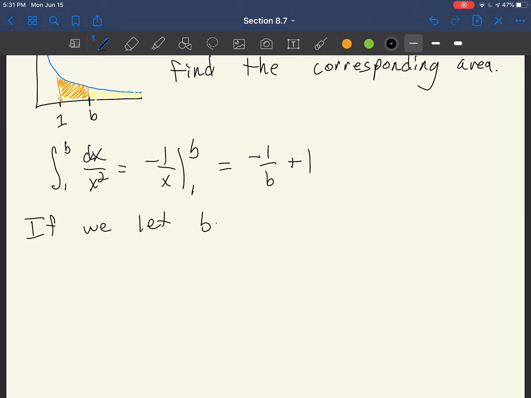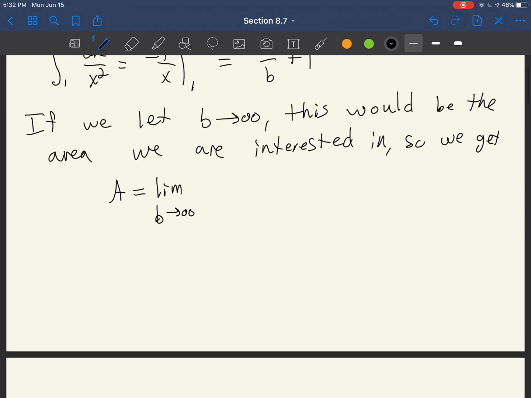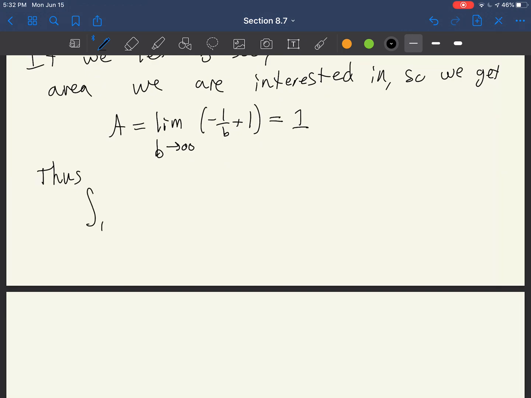We can't just plug in b equals infinity, but if we let b go to infinity, then this would be the area we are interested in. So the area we want is the limit as b goes to infinity of negative 1 over b plus 1, which is just 1.